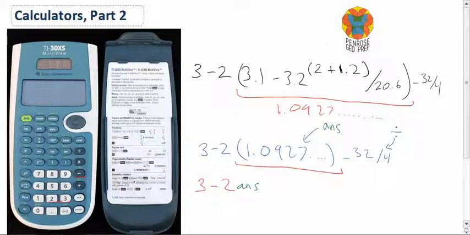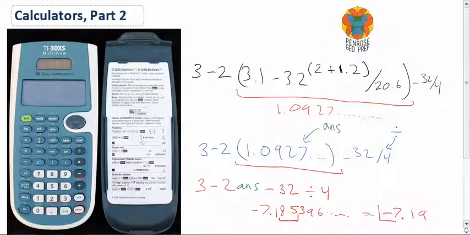And then we want to subtract 32 over 4. Hit enter, and you should get negative 7.18539, something like that. The problem says to round to 2 decimal places, so we round up here, and we get negative 7.19. And that's our answer.